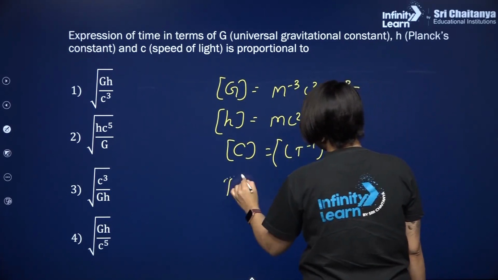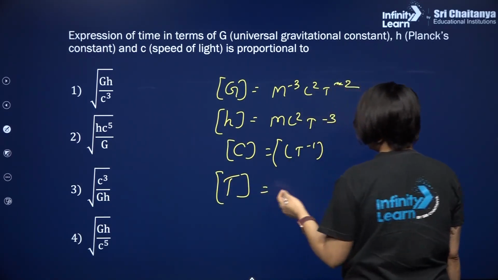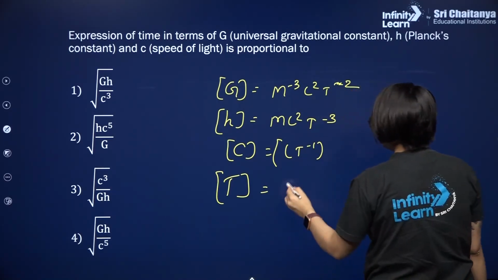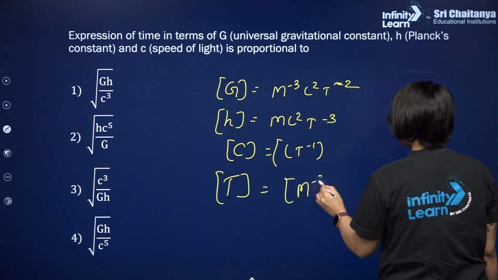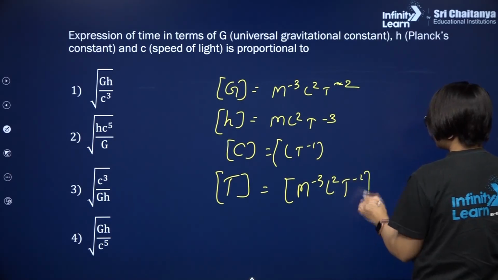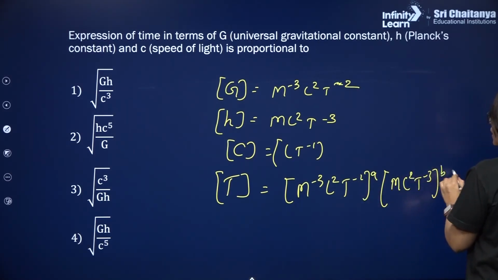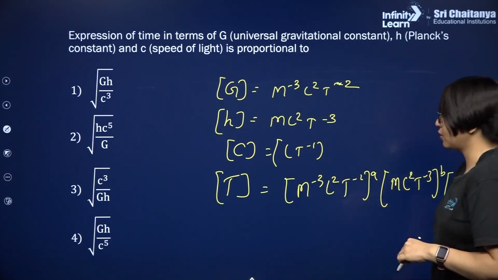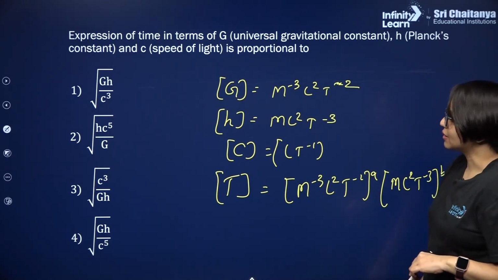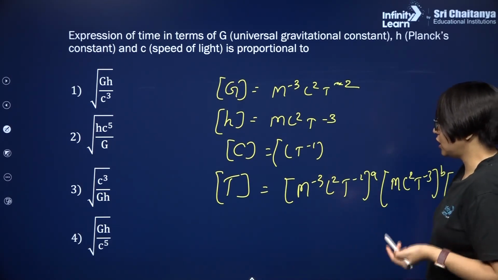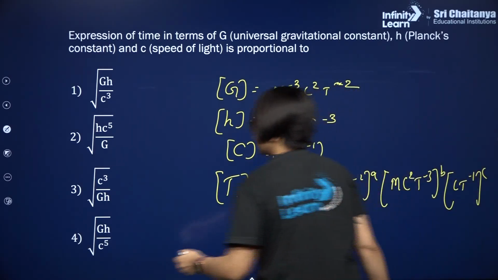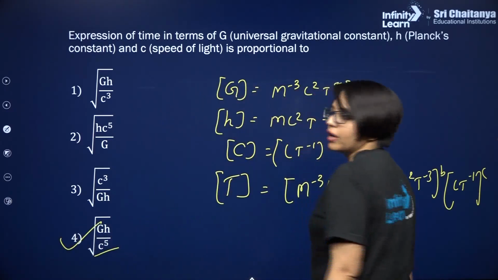So time is directly proportional to g, h and c to the power something. So t can be written as m power minus 3 l square t minus 2 to the power a, ml square t minus 3 to the power b, and lt minus 1 to the power c. So after solving this one, you will get the value of a, b, c, and you can find the expression of time in terms of g, h and c as under root gh upon c to the power 5.